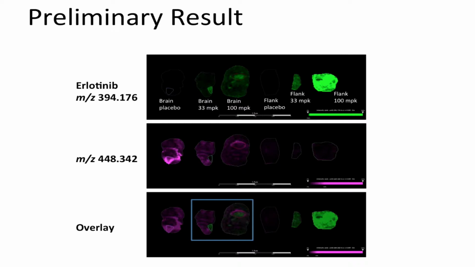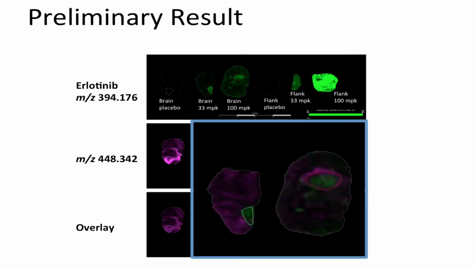There is this one, and this is so hard because I can't see it, but basically here, when we have no treatment, there is this molecule at M/Z 448 that accumulates very strongly into the tumor, but into the tumors that are exposed to the treatment where drug accumulates, we actually see a loss of that molecule. And if we zoom in here, we can see that the marker is just at the outside of the tumor here when the drug is really highly concentrated into the tumor.